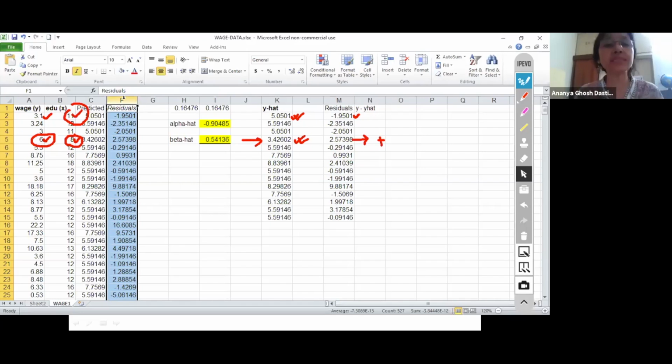Make sure that you are able to run a regression in Excel, and that you are able to generate predicted values and residuals using Excel. Then you should check that the residuals and the predictions follow exactly how theory says they should. Okay, so that's so far as the revision is concerned.